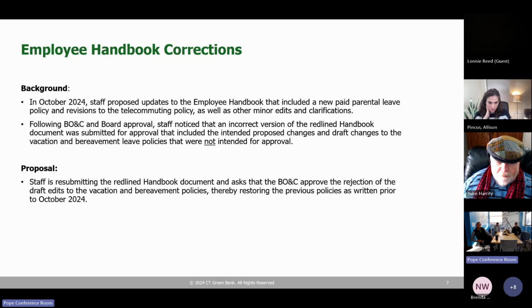These erroneous updates were not communicated to the committee or the board for approval and never to staff either. So we don't think there's going to be any sort of impact on staff. It's just a verbiage change. And there's a resolution that goes with that, correct?